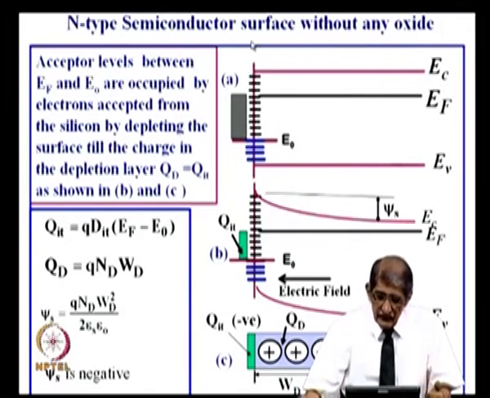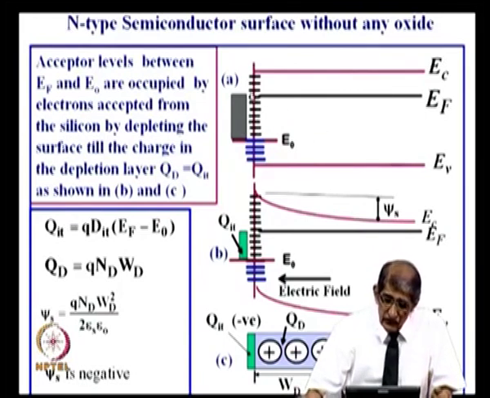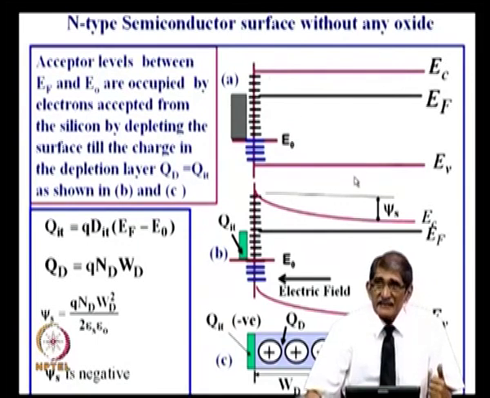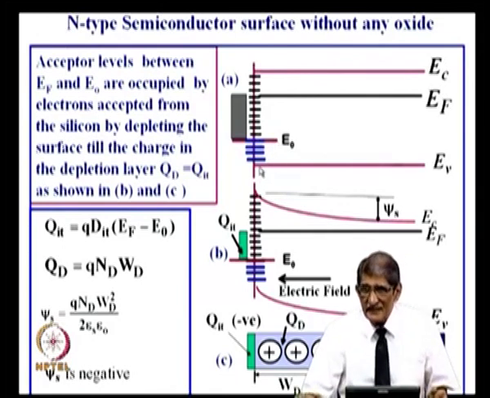Now, the surface is free, there are no oxides, there is a very large density of states. So, if I draw the energy band diagram like this, all the levels below EF are occupied. What will be the charge state of this? Take a look at these levels below E naught. They are donors, they are occupied.